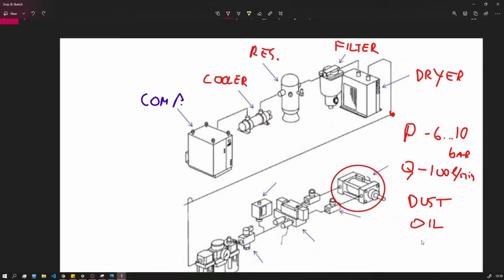And the level of dryness, how much water is in the air. Then there's the pressure drop parameter. That means how much the pressure fluctuates throughout the use of this system.